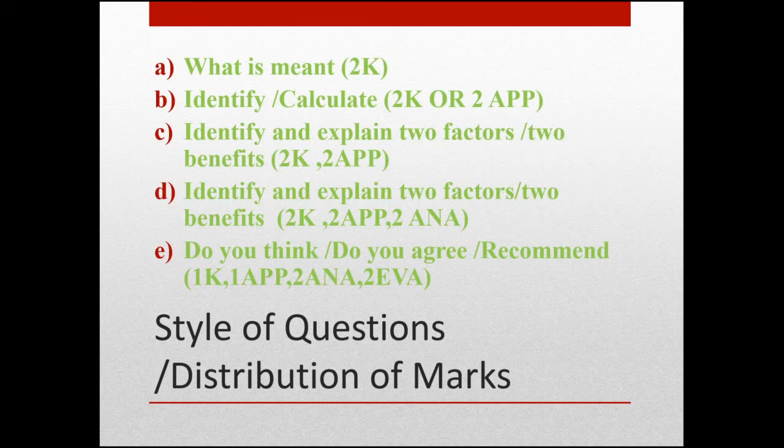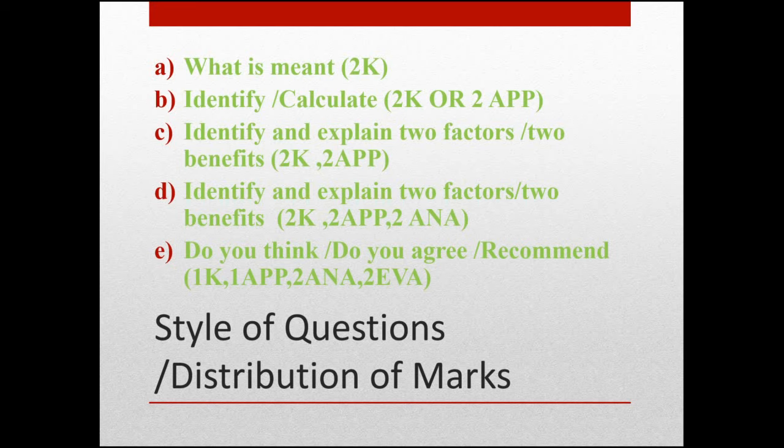Part C is identify and explain two factors, two reasons, two benefits, whatever. As you can notice here, I have two parts in the question. Identify, which is the knowledge, and explain, which is the other part. So here, identify gets the 2 knowledge marks.